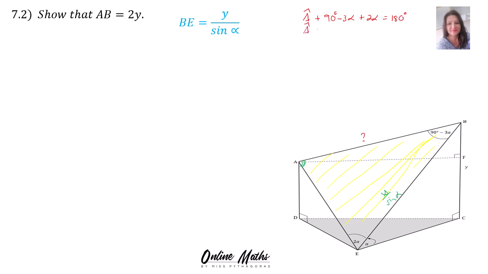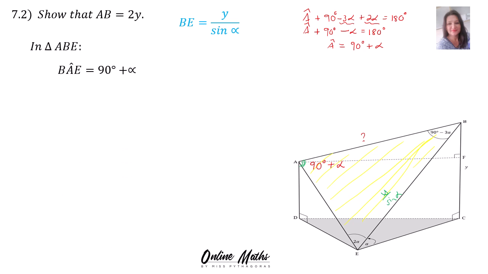Then A plus 90, and then minus 3 alpha plus 2 alpha is minus alpha, equals 180 degrees. Let them all walk across, and then you will subtract the 90 this side. So A's magnitude or size is 90 plus alpha. So A is 90 plus alpha. That's the first thing we need to do.